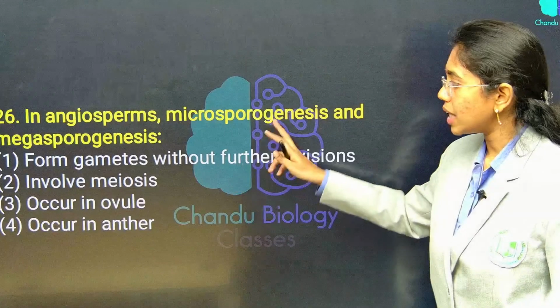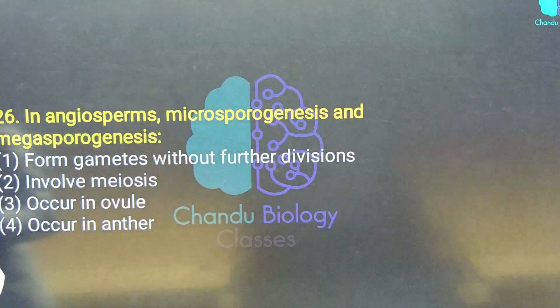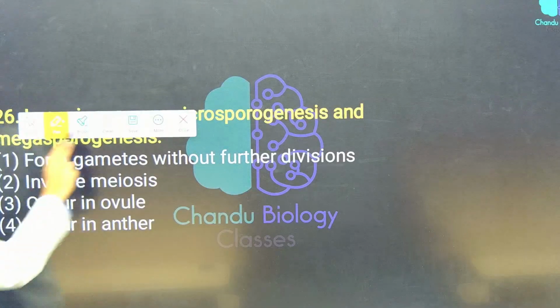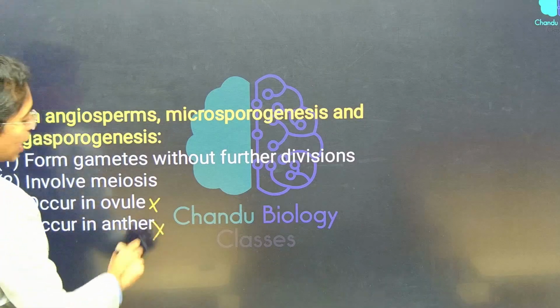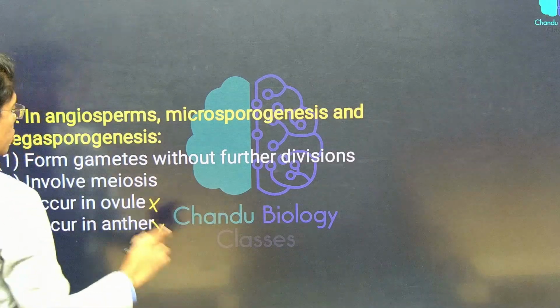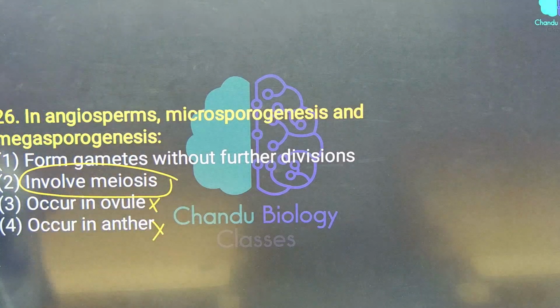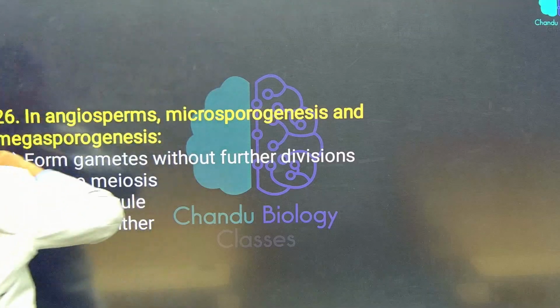Involves meiosis, yes, in both of them meiosis is involved. Occurs in ovule. Microsporogenesis doesn't occur inside the ovule. Occurs in anther. Megasporogenesis doesn't occur in anther. So, what is the common point for both of them? Both involve meiosis, which is option 2.